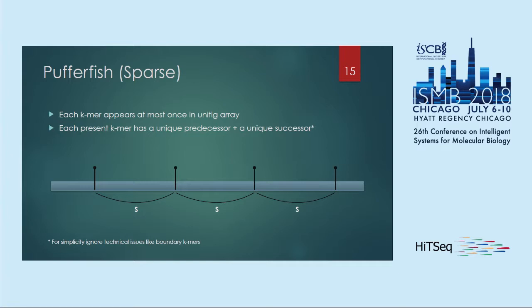This idea is analogous to the sampling of the suffix array in the FM index. We take advantage of the properties of the compacted de Bruijn graph, which is that each k-mer appears only once, and hence it has at most one unique predecessor and one unique successor.